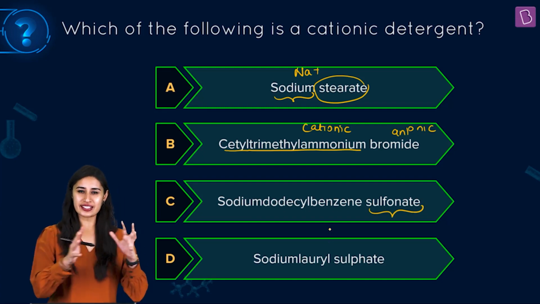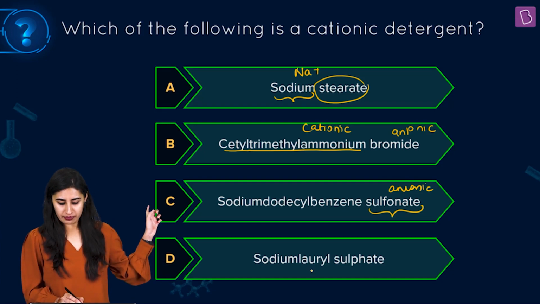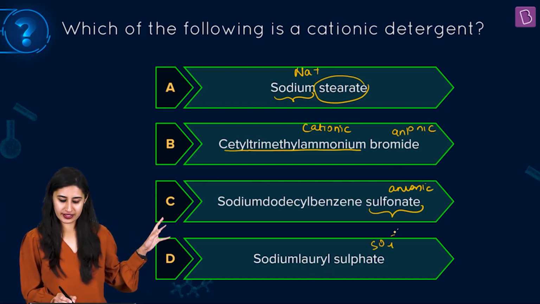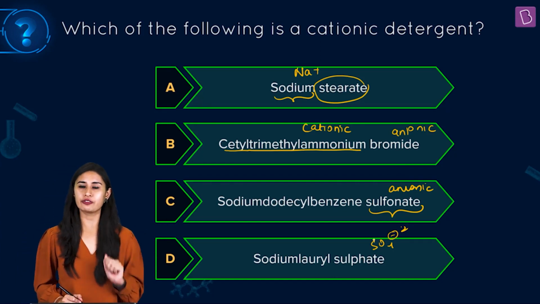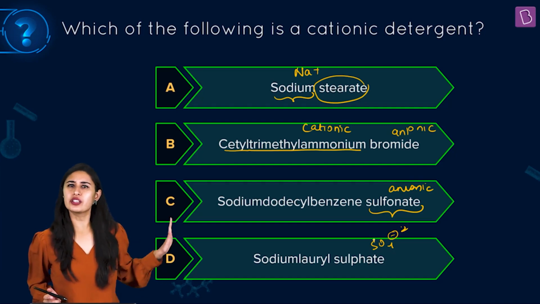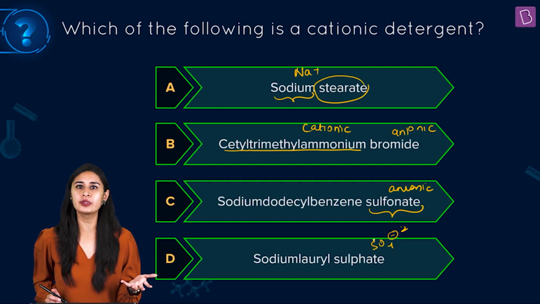Again, you realize that the sulfonate, an anionic part, is present here, right? Sodium lauryl sulfate. Again, you can see that the sulfate is involved here. The anionic part sulfate is here. So, with a little common sense you can do this question, let me tell you, even if you do not remember the examples of the different synthetic detergents.